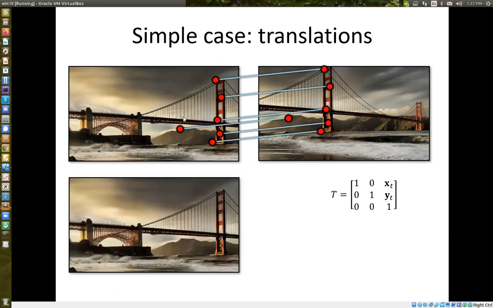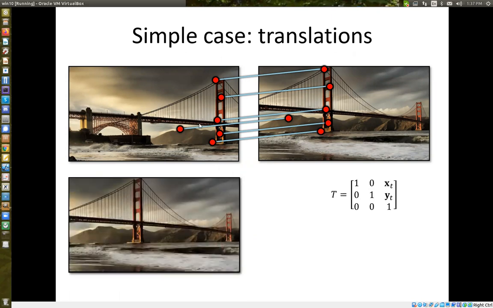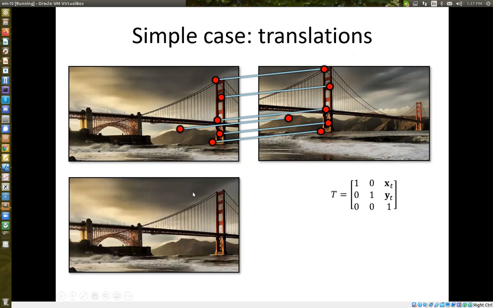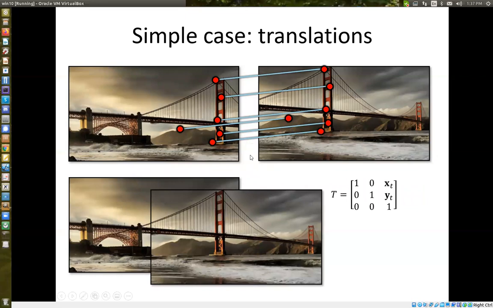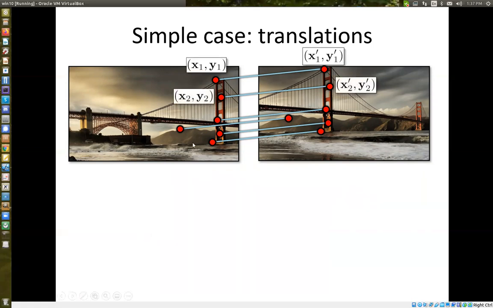These two images are just shifted, with no rotation or scaling. With the second image translated like this, we can stitch them together very nicely. In this case it is easy to find the translation if I have the matching points.